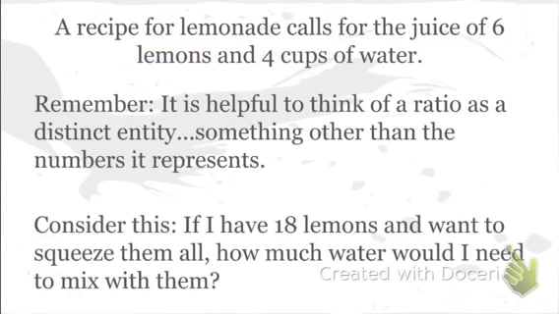All right, so recipe for lemonade we have up there. Remember, it is helpful, as we had said before, to think of a ratio as a distinct entity, something other than the number it represents. So let's consider this scenario down here. If I have 18 lemons and I want to squeeze them all, how much water would I need to mix with them?